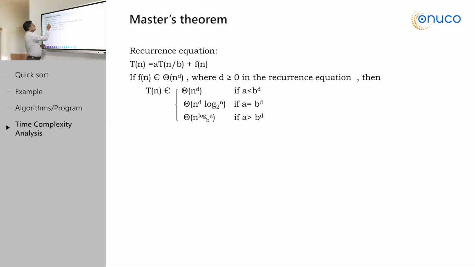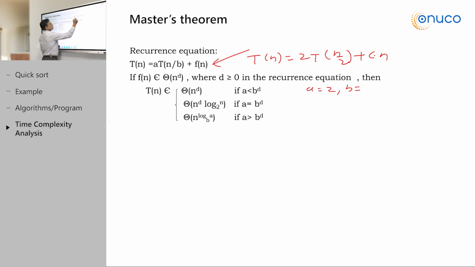Here again, the same things we are talking about. In the best case, the time complexity is in the standard form T(n) = 2T(n/2) + cn, and since it is in the standard form of recurrence relations, we can identify a as 2, b as 2, and d as 1, and b to the power d as 2 to the power 1, which is 2.